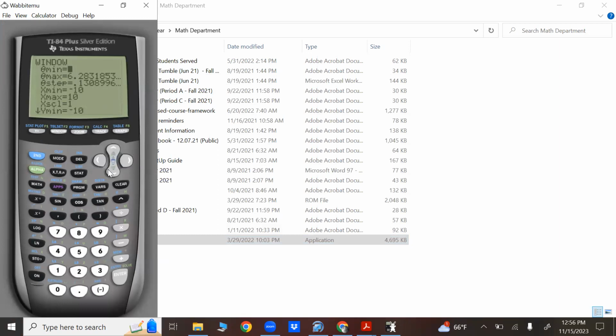Let me set negative 5 to 5 for x and negative 5 to 5 for y, just so the window is not too wide. Okay, so there you go.